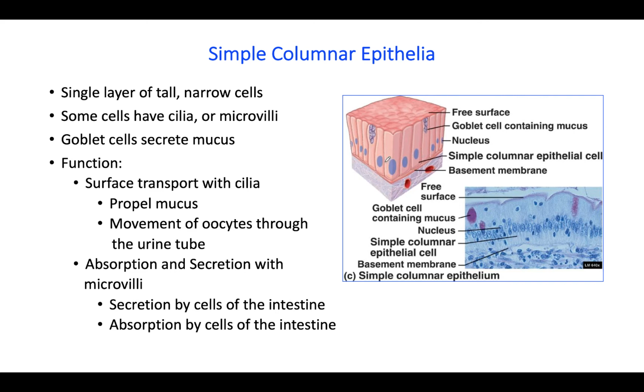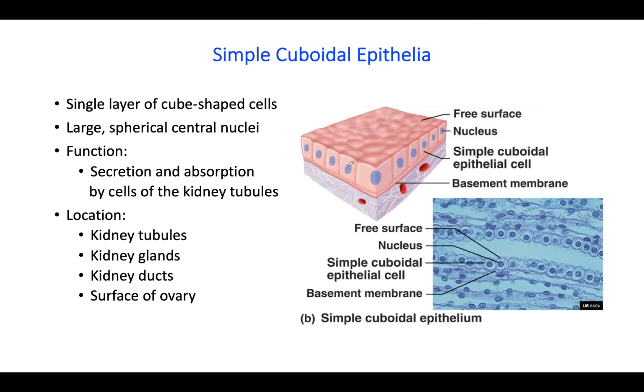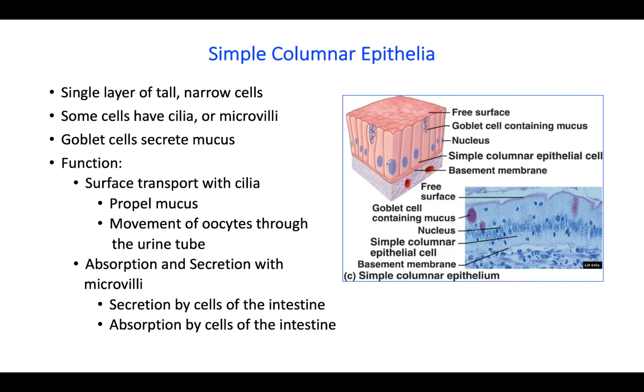In other words, the cuboidal nucleus, look here, is round, big, and located at the center, but in columnar epithelia the nuclei are elongated and more clustered at the basal end.